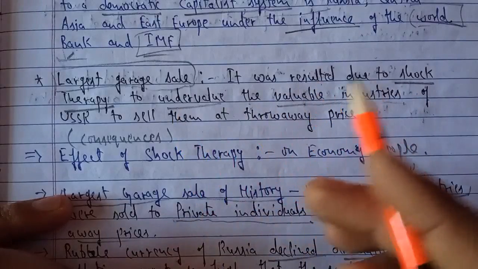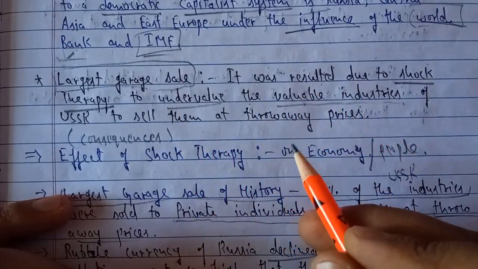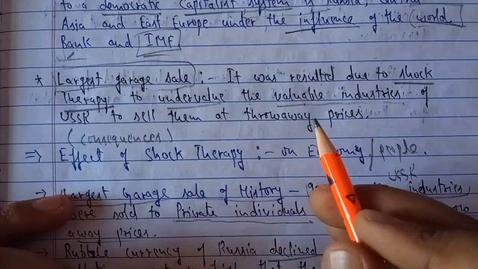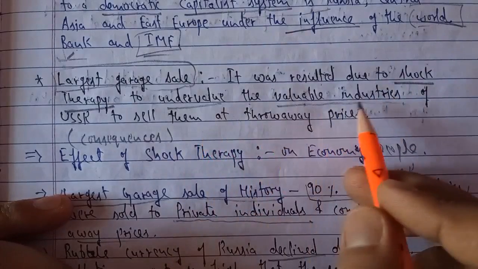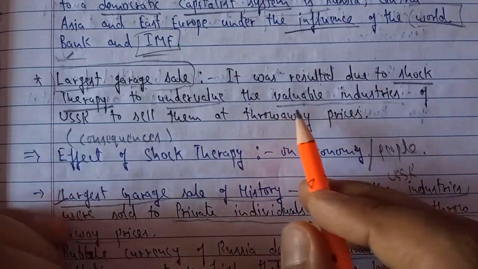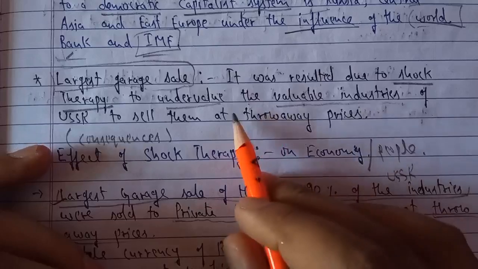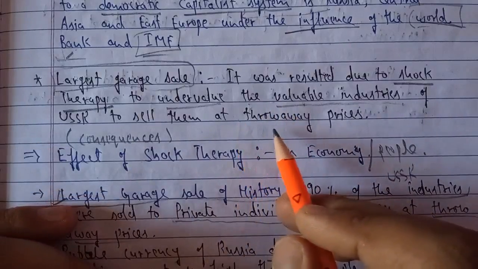When these republics were making a transition from a socialist ideology to a capitalist ideology, it resulted in a shock therapy that undervalued the valuable industries. The value of the industries which were run by the government was undervalued and they were sold away at throwaway prices.